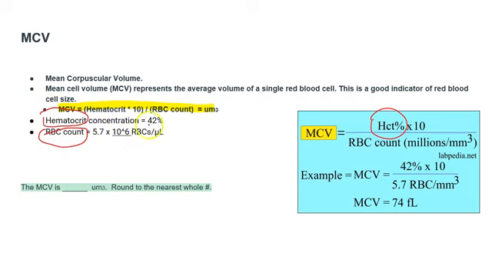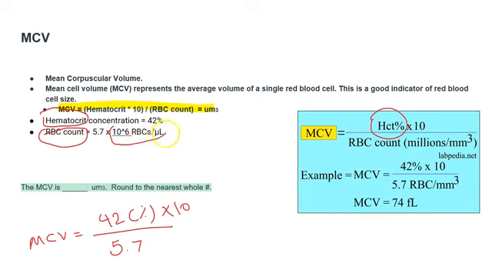So for the hematocrit concentration in this example, we have 42%, and for RBC count, we have 5.7 million RBCs per microliter. The way that we are going to put these numbers in our equation is that the hematocrit 42% is multiplied by 10, and then the RBC count is 5.7, with million per microliter as the unit.